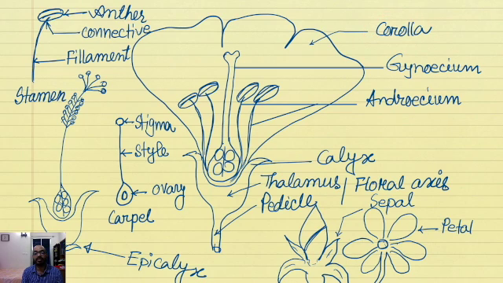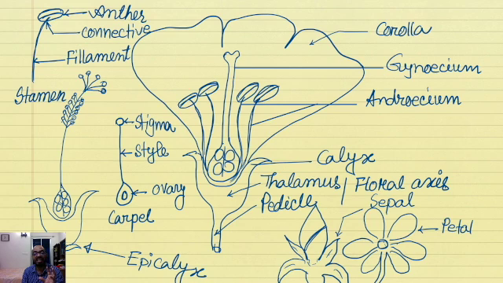And the third part, corolla: united petals are known as corolla. Separated corolla parts are known as petals. Now calyx. Calyx is the outermost whorl of a flower.